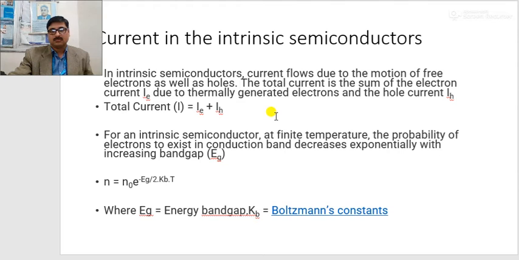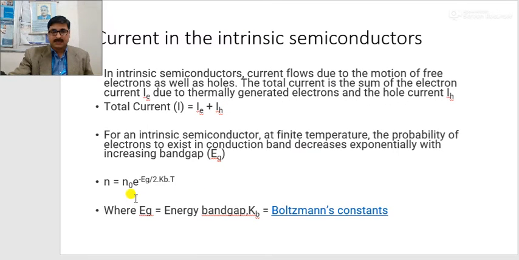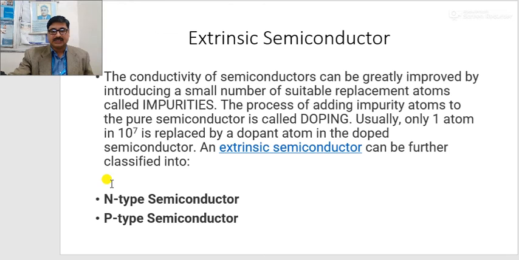Now the current inside the intrinsic semiconductor is explained as the current due to electrons and the current due to holes, whereas this equation indicates the electron density of the intrinsic semiconductor.